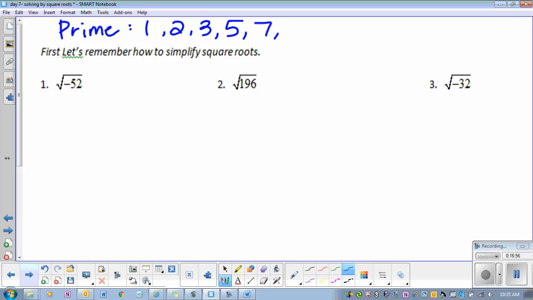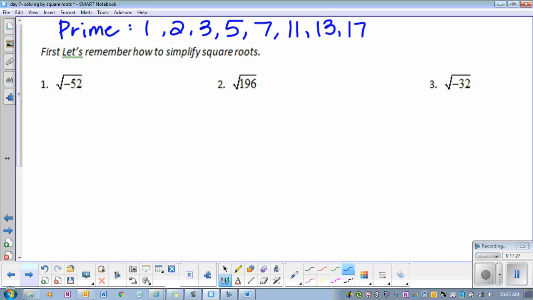No. That was a little tricky. 10? No. 11? Yes. 12? No. 13? Yes, 13 is a prime number. 14? No. 15? No. 16? No. 17? Yes. All right, and then we can stop at 17.